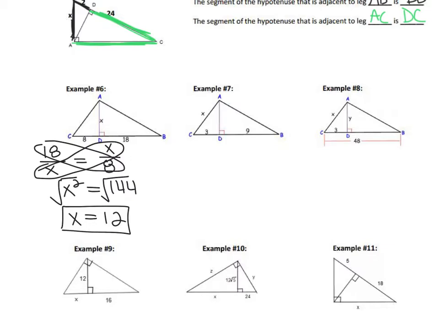Example 7 is going to be the example of the most recent geometric mean, when we're finding the length of one of our legs. So we know that it has to do with the hypotenuse. Each segment of our hypotenuse is 9 and 3, which means the entire hypotenuse is 12.